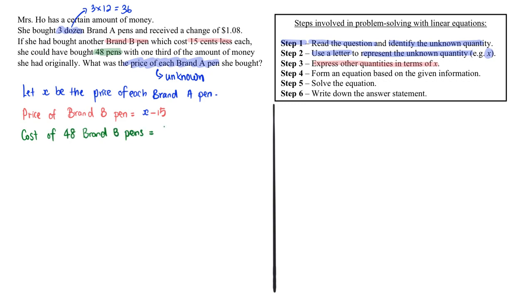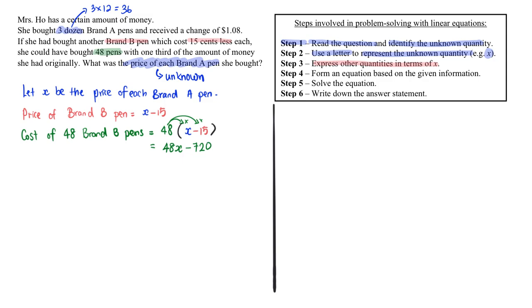Then it will simply be 48 multiplied by X minus 15, because that is the price for one brand B pen. And I'm going to simplify it first. 48x minus 720.